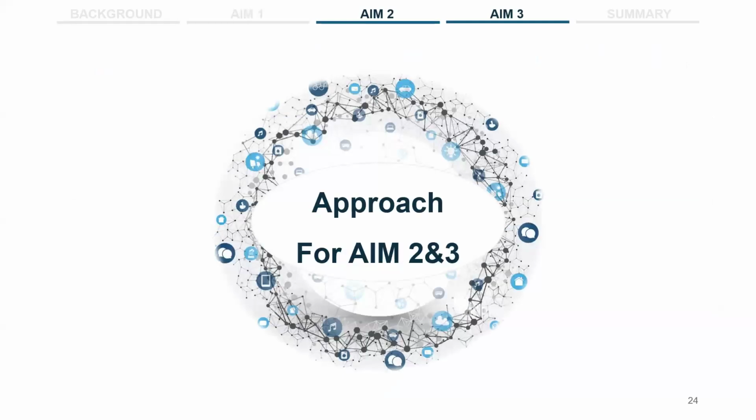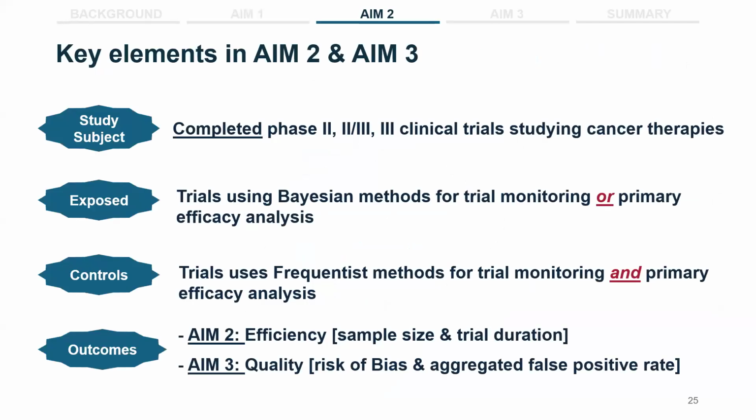For aim 2 and 3, here are some common setups. The key elements in study design. Instead of having human participants as the study subject, we're using completed clinical trials as the subject. The exposed group are defined as trials using Bayesian methods for trial monitoring or primary efficacy analysis.